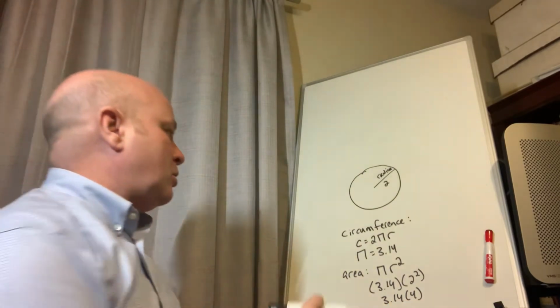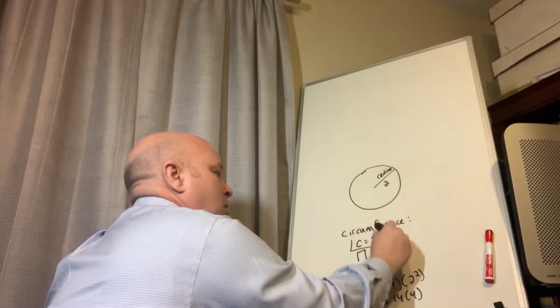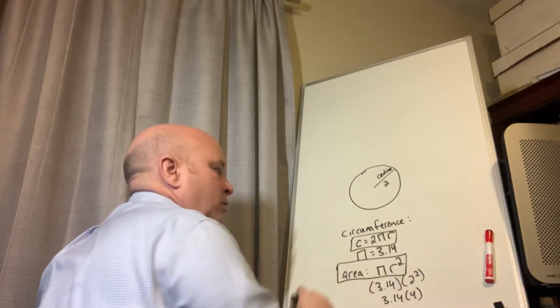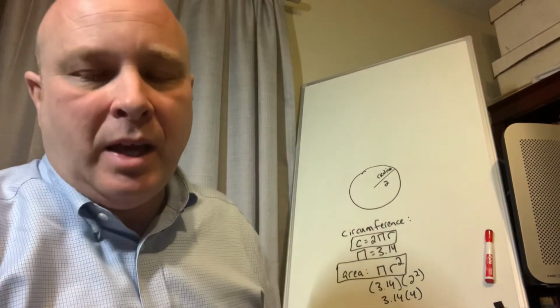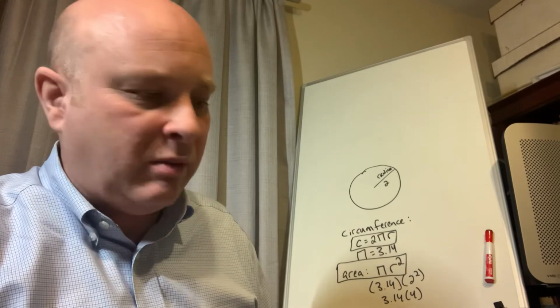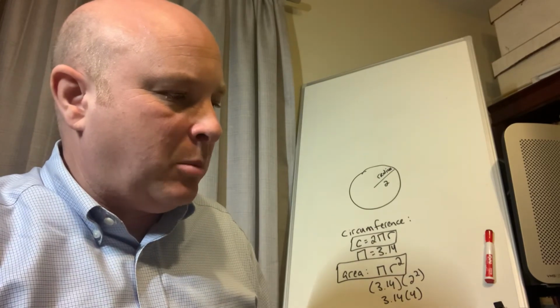So these are the two formulas for a circle, all right? The circumference and the area, you've got to know these. These have got to be placed in memory.